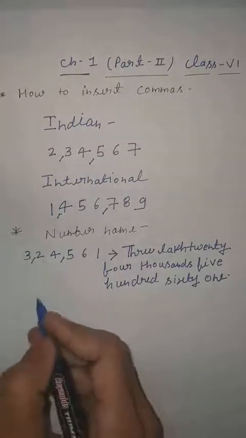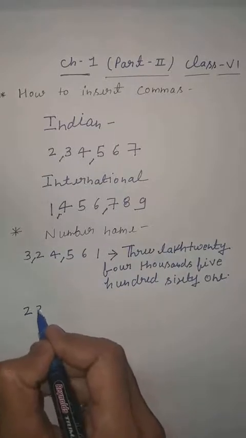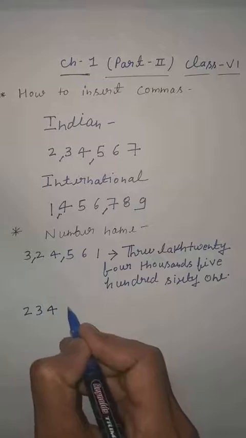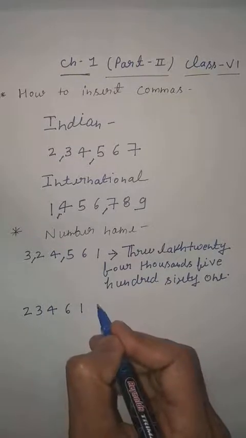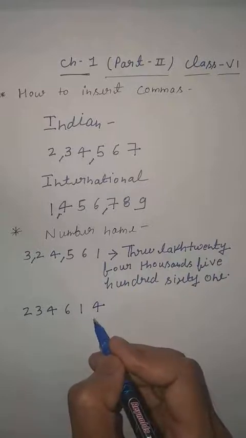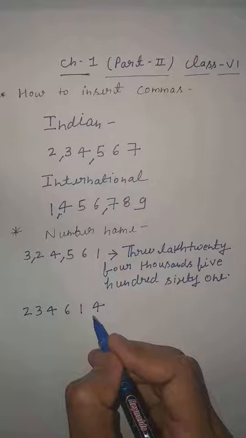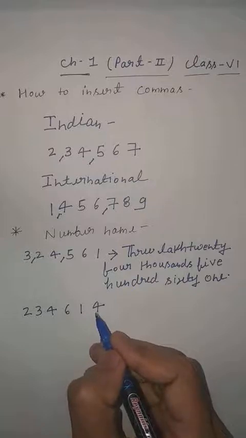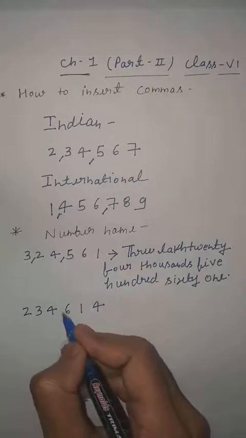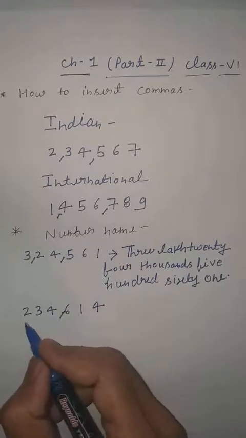Now come to the international place value. So let us take another example: 234614. In this, you know that you will put the comma after 3 digits. The first comma you will put after 1, 2, 3 digits. So here you will put the first comma, and the second comma you will put after 3 digits.